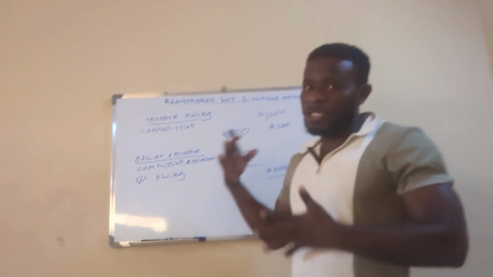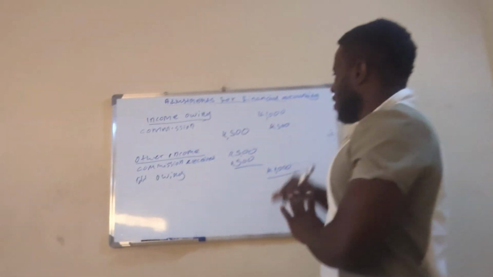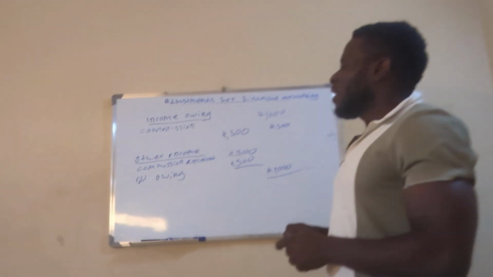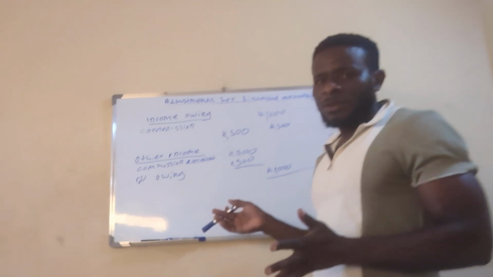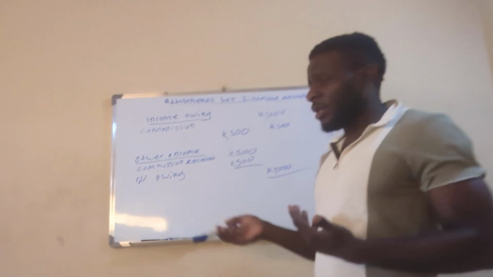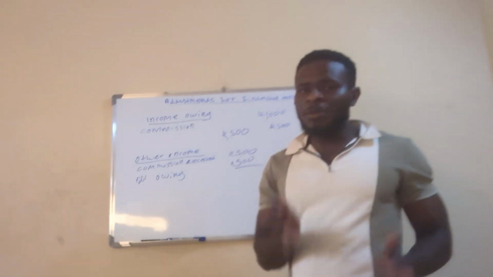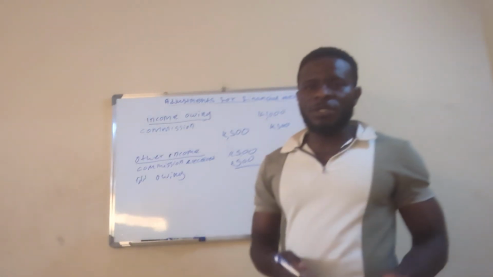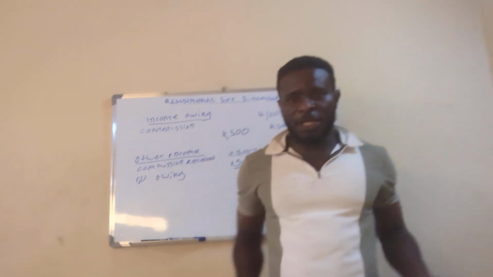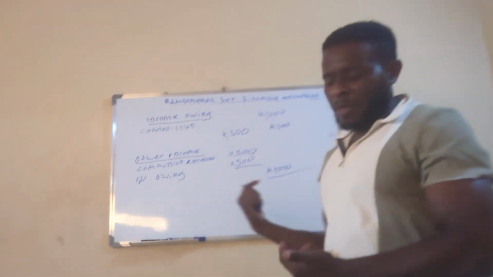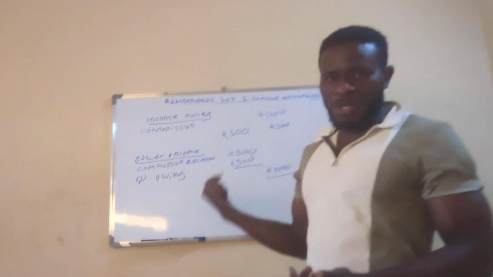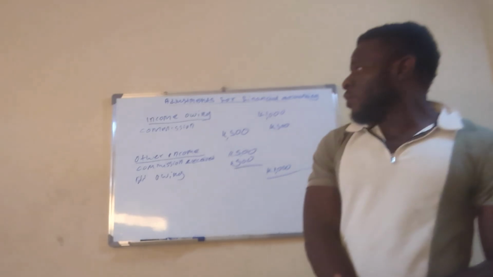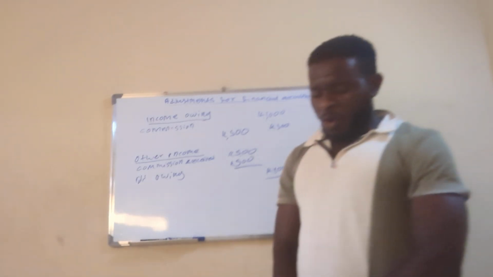So this is a very important topic that you have to pay much attention to. I won't be taking time to explain some of the terms that I'll be using. I'll just be going direct, assuming that you have followed what I'm communicating right now. So this is how you deal with income owing.